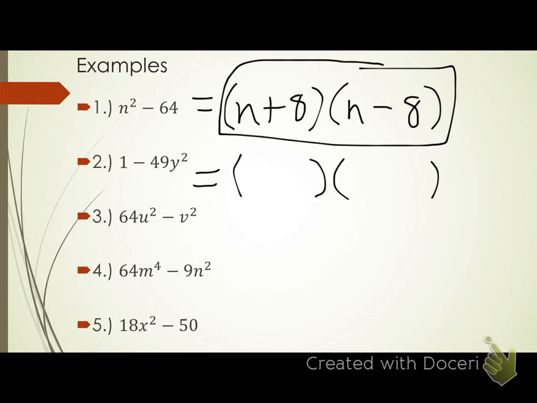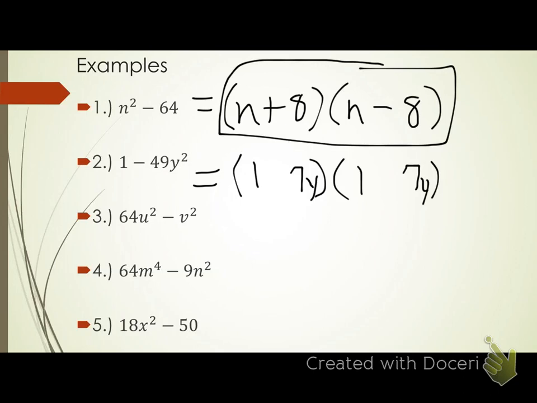What's the square root of 1? 1. There's my a value for each set of parentheses. What's the square root of 49y squared? Just 7y. My fault.